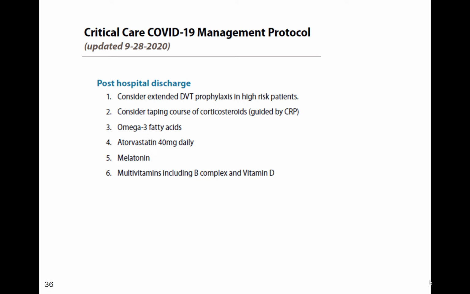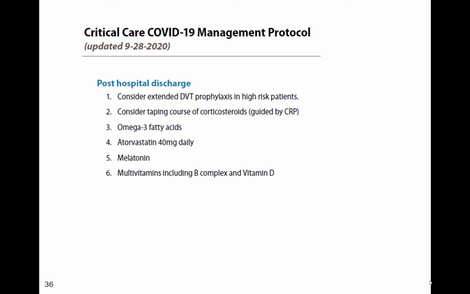So what can you do post-discharge from hospital? Firstly, patients are at a very high risk of deep venous thrombosis and pulmonary embolism. So in high-risk patients, you have to consider extended DVT prophylaxis. Then, as we said, this may be due to ongoing inflammation and high levels of cytokines.